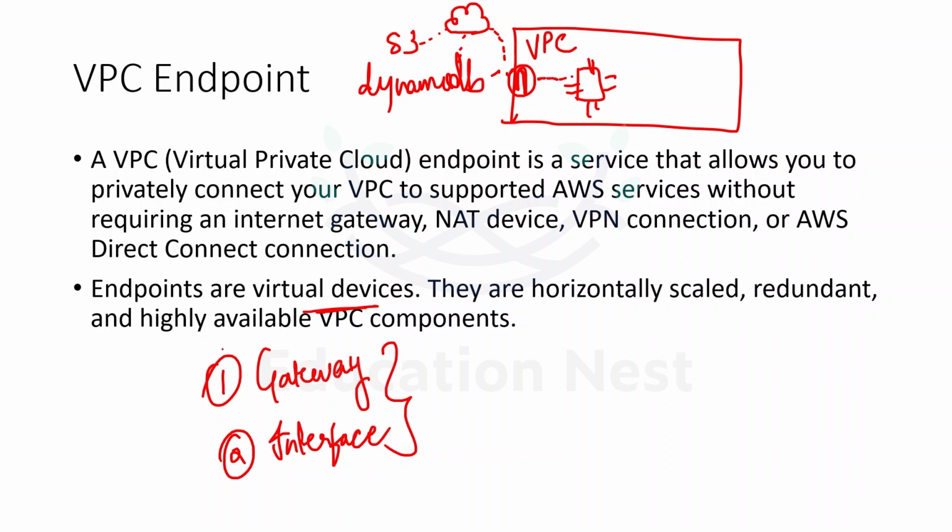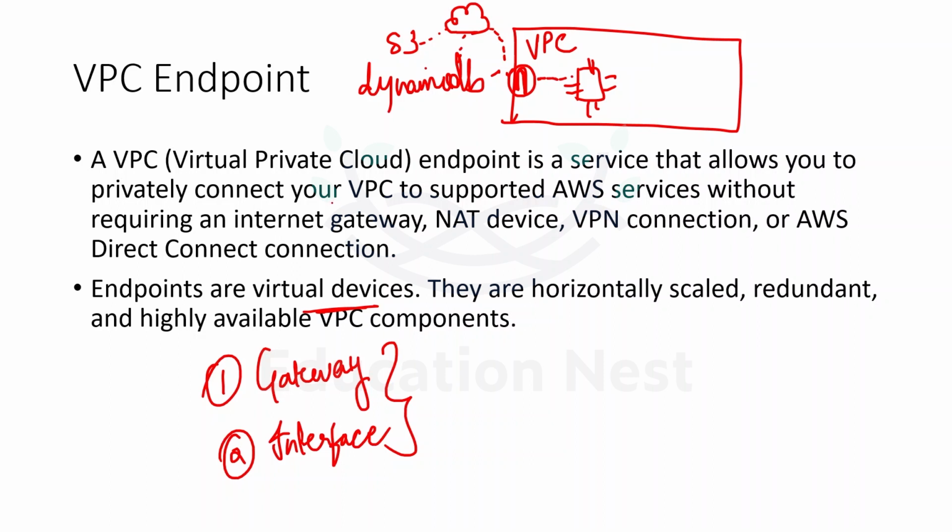Generally, whenever we want to access any AWS service from a VPC, we have to traverse the internet gateway and potentially the public internet, which can introduce security risk and increase latency as well.